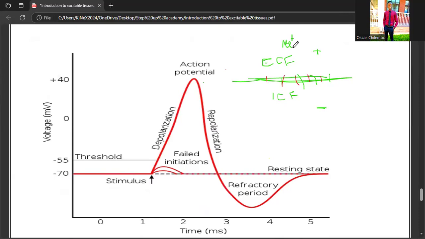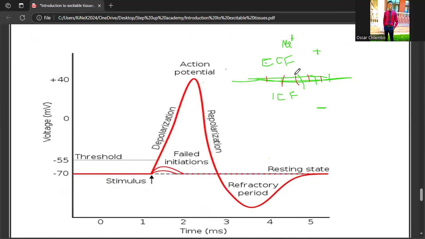So once sodium starts entering the cell, it starts creating a potential difference. At that point, we call it polarization. Polarization is when the potential difference starts to change, from a certain millivolts to a certain millivolts. It's no longer at resting membrane potential.